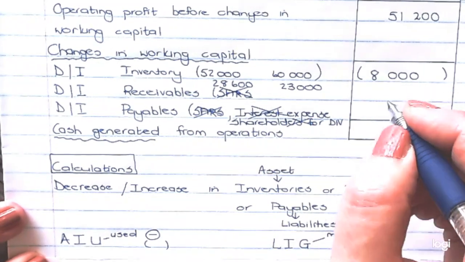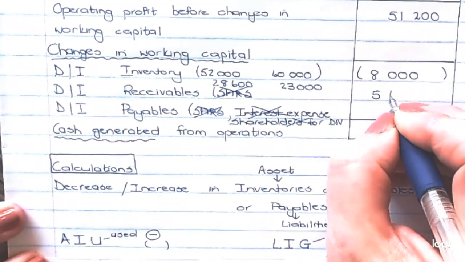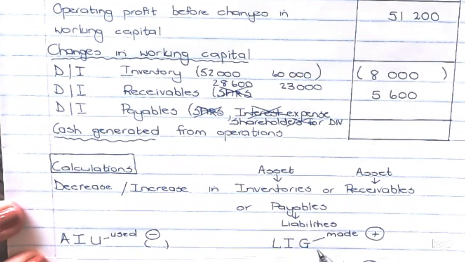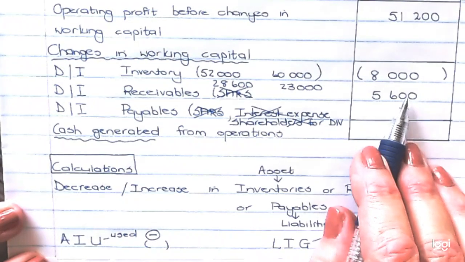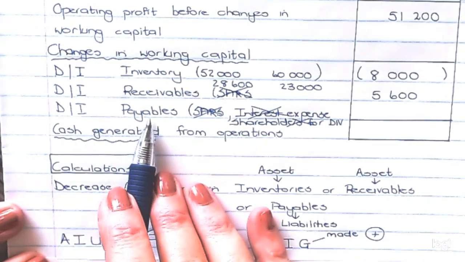In fact, it was much more of an increase in cash. So again, apply this AU leak idea, the acronyms here, and apply that to establish whether this is a bracket or no bracket. Let's go to the last one, which is our payables.